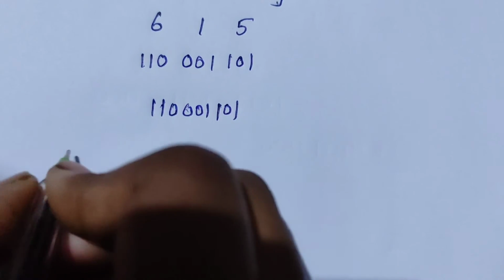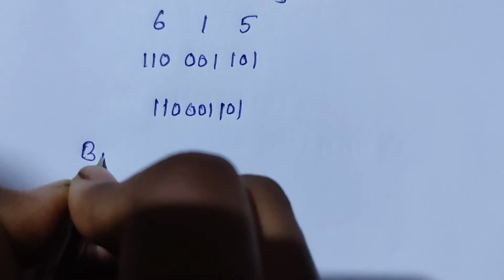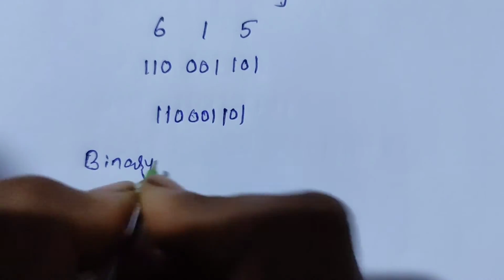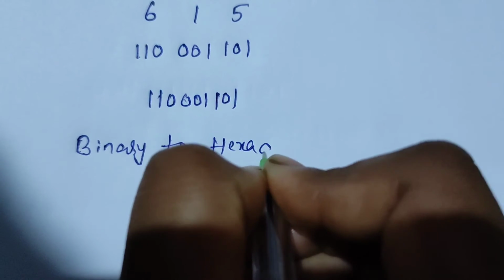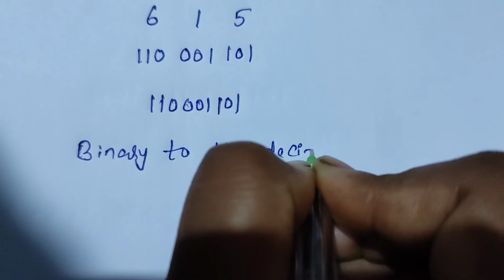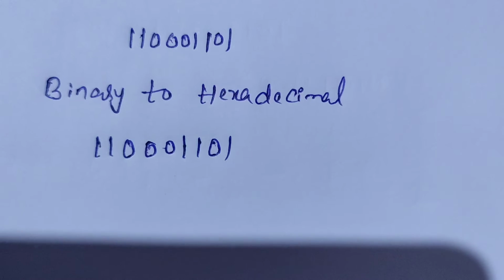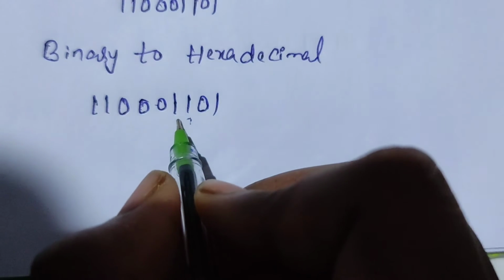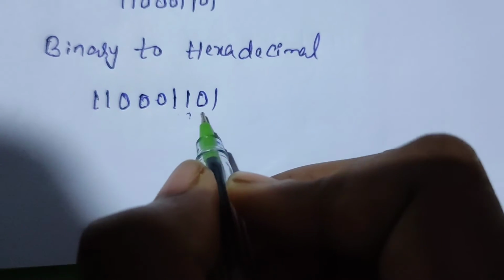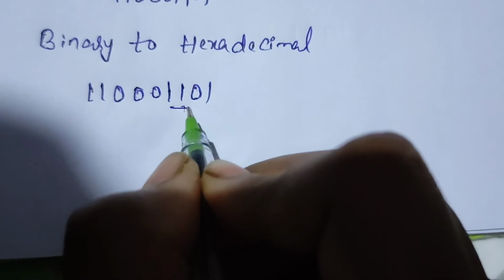So now step 2, binary to hexadecimal. In binary to hexadecimal, we need to group 4 bits from right to left, that is from LSB to MSB.